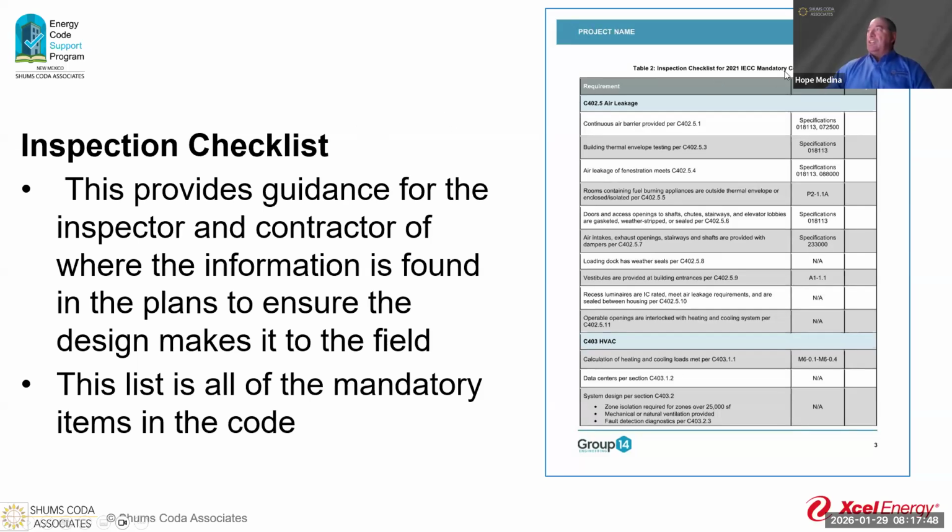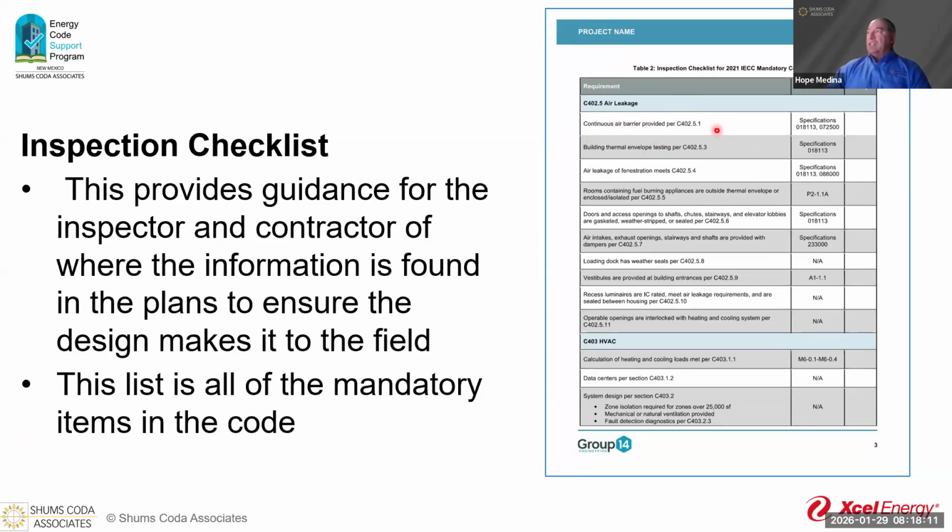This is an inspection checklist for the mandatory compliance at 21 IECC. That's right up here. Tells us what's going on. We're going to start off with our air leakage at C402.5. Again, if you were with us last week when we were doing how you read the reports, you know what we have happening here.